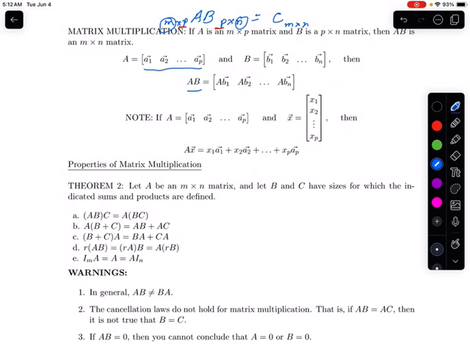So we choose row vectors of A. For example, if A has A11, A12, A13, A21, A22, A23, the size of this is 2 by 3. So the B matrix must have a size 3 by something. Let's choose it as 3 by 2.